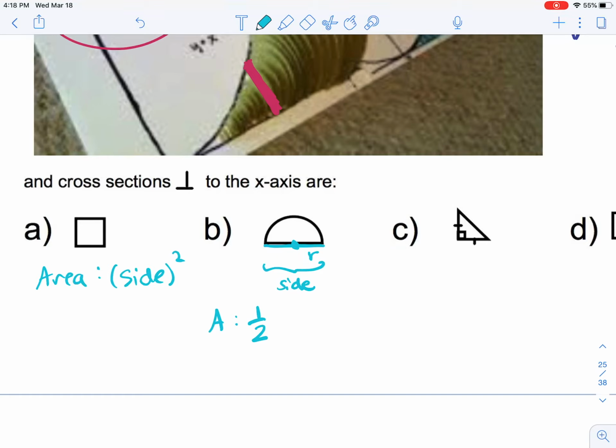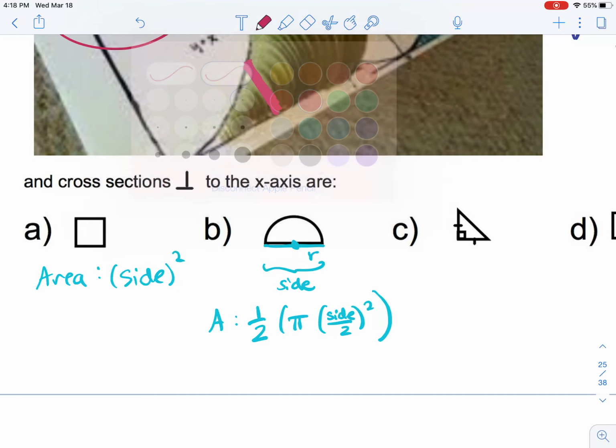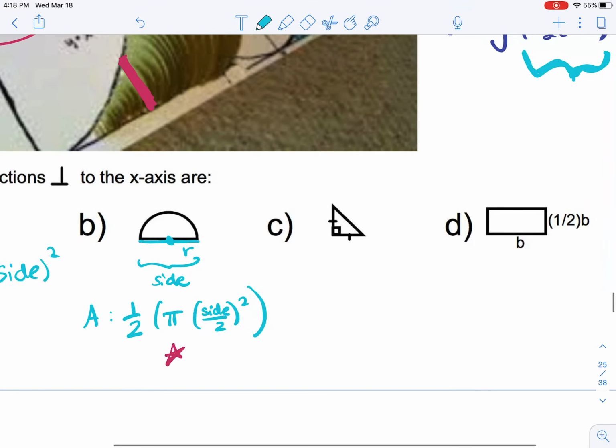So my area of a semicircle would be half the area of the circle, and I'm going to write pi, instead of r squared, side divided by 2, squared. So that's kind of a mouthful. Also note that this is the only one that has a pi in it, and it's because of the cross section being a semicircle. Remember, none of these volumes were spinning anywhere. This is our only cross section that has a coefficient of pi.